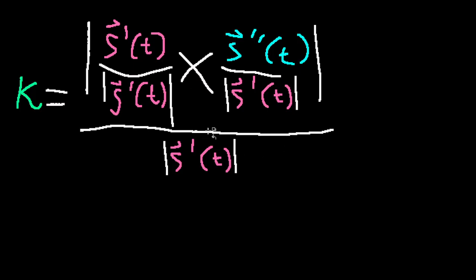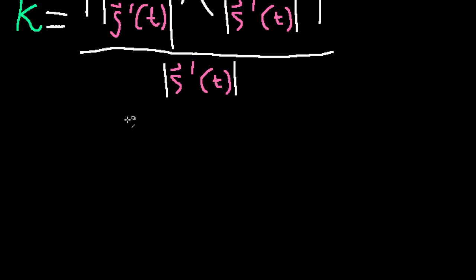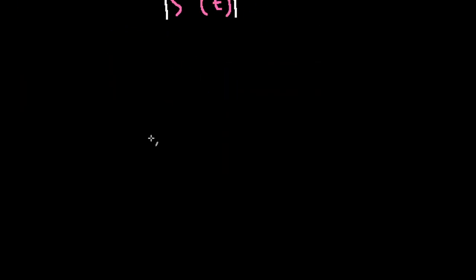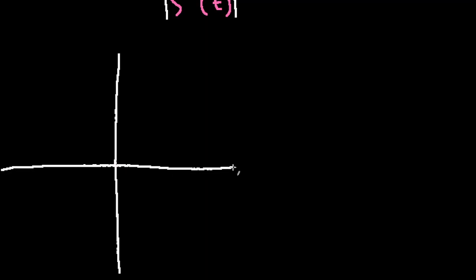And as an example, we're going to go ahead and take this and we're going to draw a certain curve in the XY plane. And it's going to look like this. Well, these are just the axes, but the curve itself is going to look something like this.